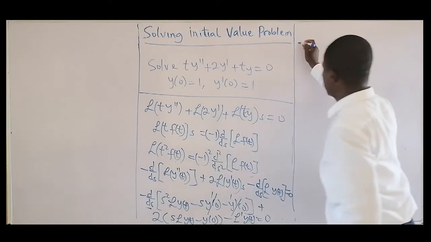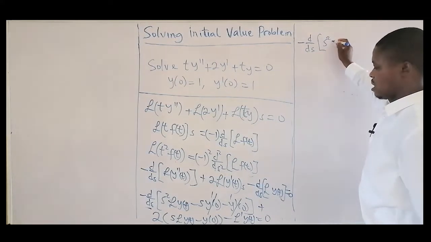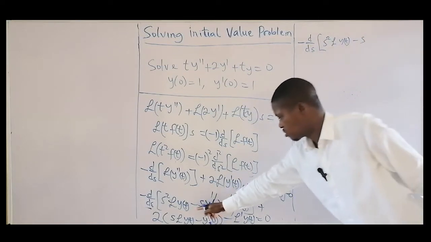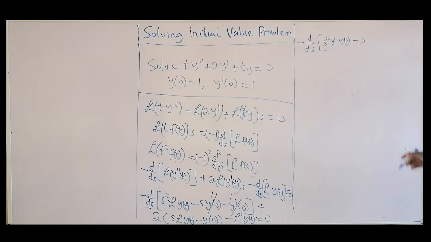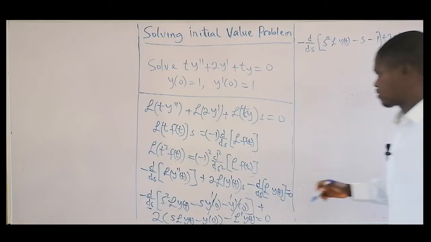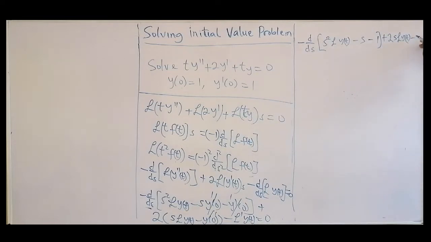That means we now have minus d/ds of s squared Laplace of y of t minus s minus 1, then plus 2 times this one, that's 2s Laplace of y of t minus 2 times y of 0, which is 1, so that's minus 2, then minus Laplace prime y of t equal to 0.